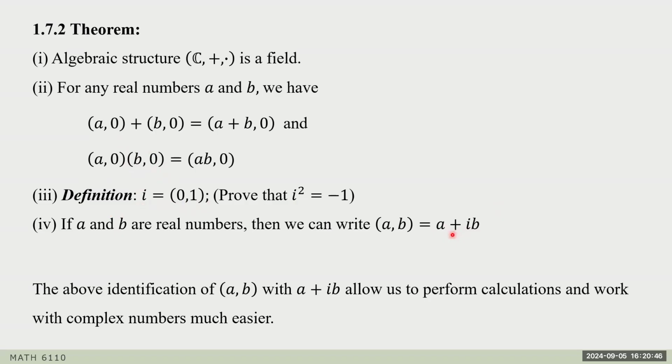It's the same complex number, and you could do the same calculation. It's just a different way of writing the same thing. Instead of writing a comma b with these curved brackets, because we want to reserve this for studying elements in Euclidean space, we write it as a plus ib.